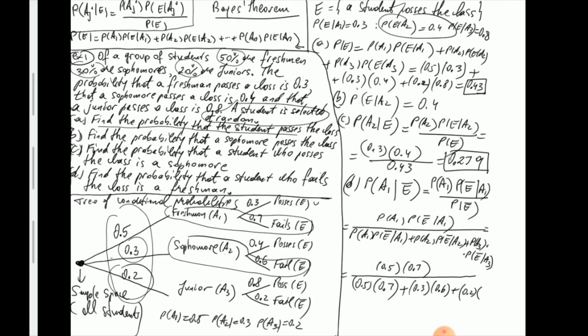And probability of failure given A3, that's going to be 0.2 again. All right, so if I use the calculator, this should be 0.35 on the top, divided by 0.57 on the bottom. Altogether, the ratio of the two is 0.614.